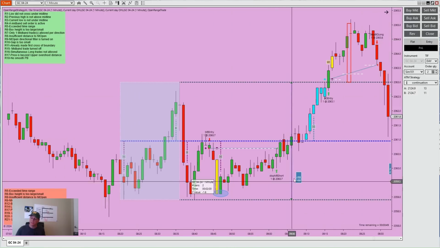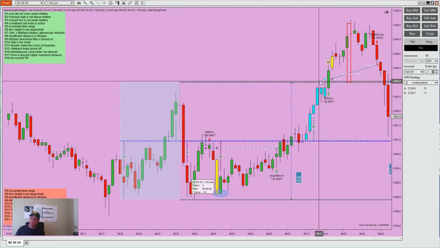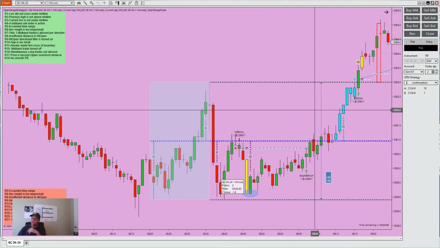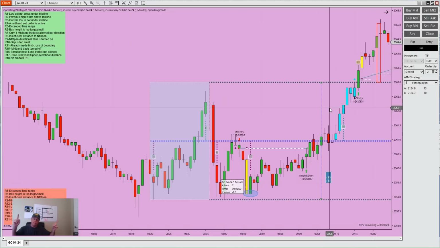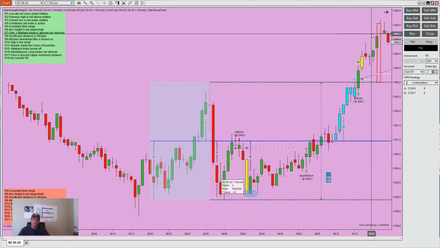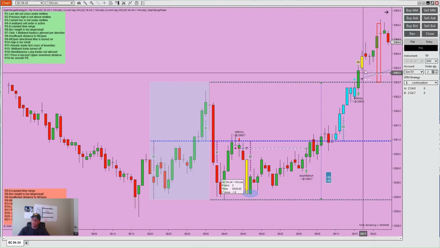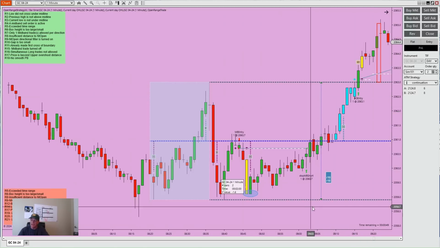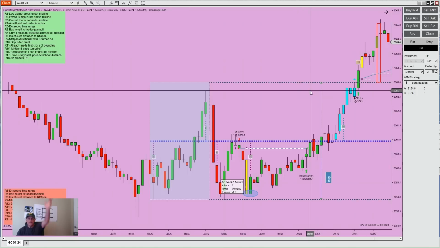Well, we got a rollover back out the other side, and that trade out the other side was a late break. So notice it just went right out of the box. See, we're past our line here, right out of the box.